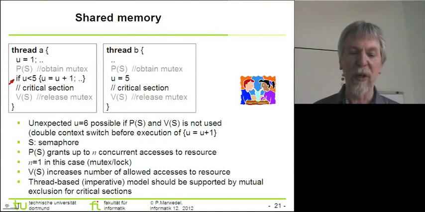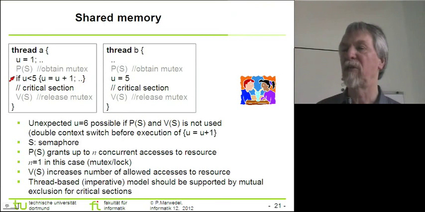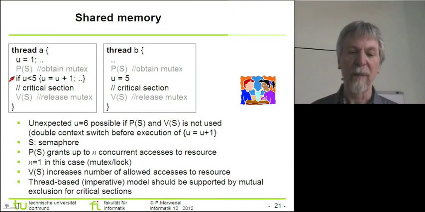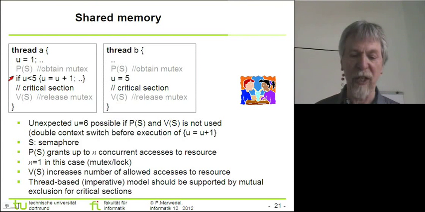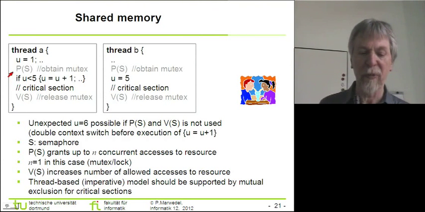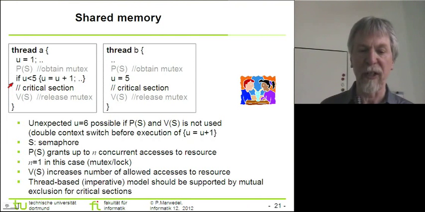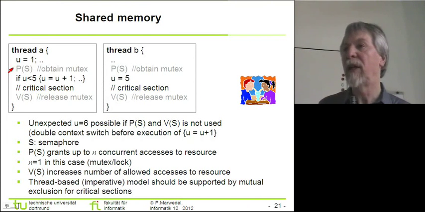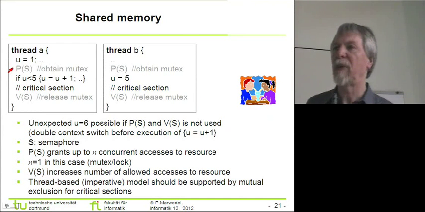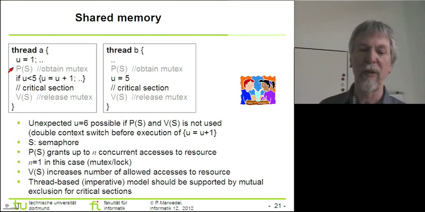And if we make sure that only one of the two threads gets access to this shared resource, then this unexpected behavior cannot happen. So therefore, the thread-based or imperative model should be supported by mutual exclusion for these kinds of critical sections. Now that was the first type of communication between the models.